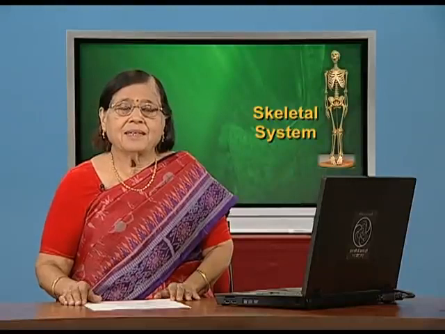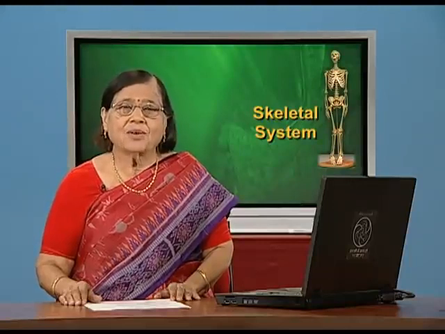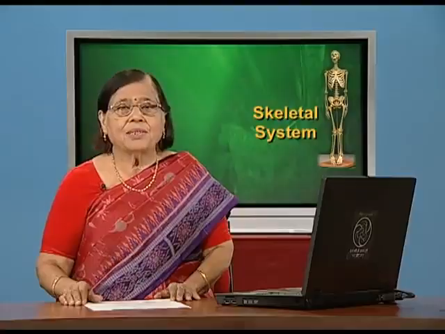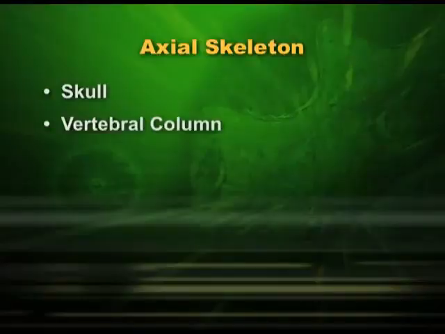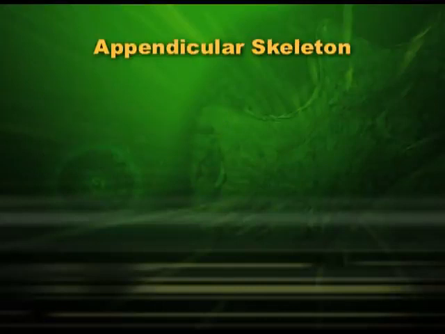The axial skeleton, which makes the axis of our body, includes the skull, vertebral column and the rib cage, and the appendicular skeleton will include the girdles and the limb bones.